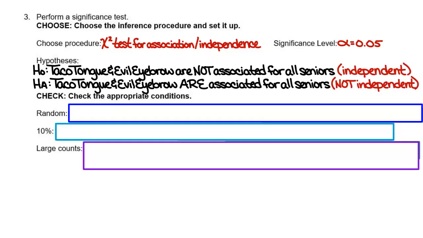That would mean that they are not independent. So this is where calling it a test for independence might help you remember the way to write the H0 and the Ha. The H0, we assume that they are independent. The Ha, we assume that they are not independent.